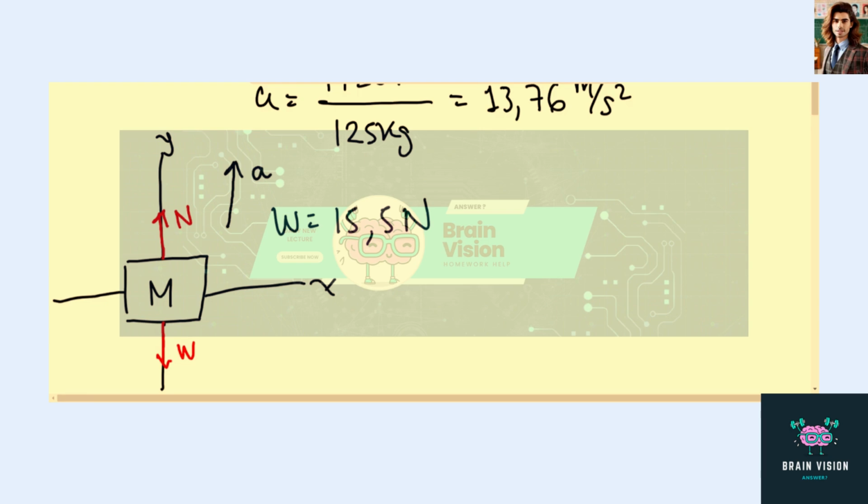When we apply Newton's second law, we only have forces in the y component, so this is the normal force minus the weight, and this should be equal to the mass of the power supply, capital M, times the acceleration of the rocket.